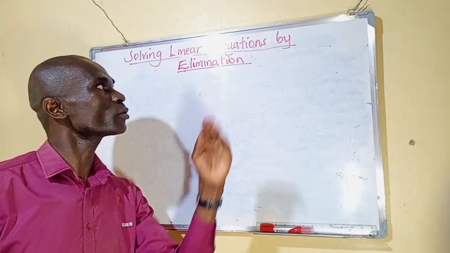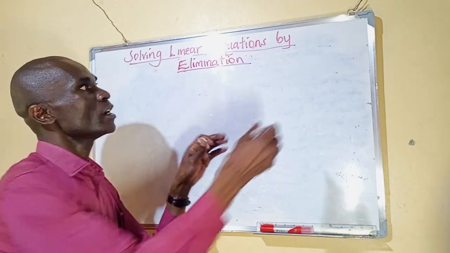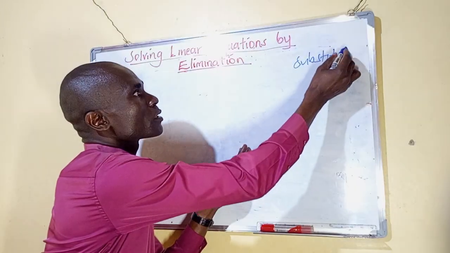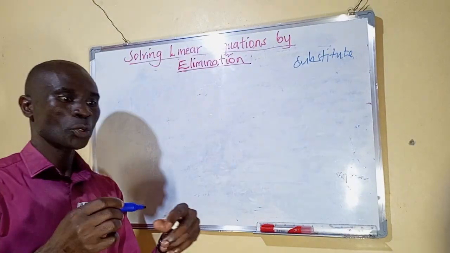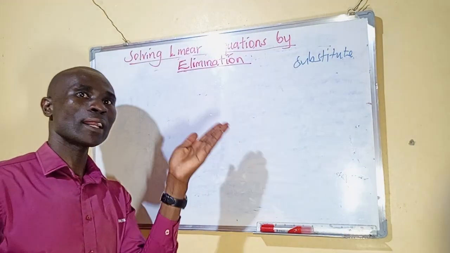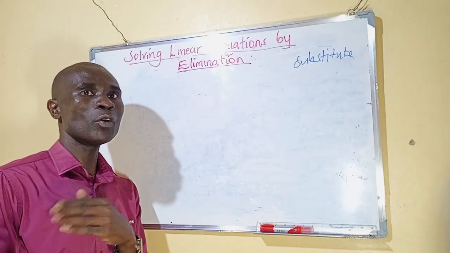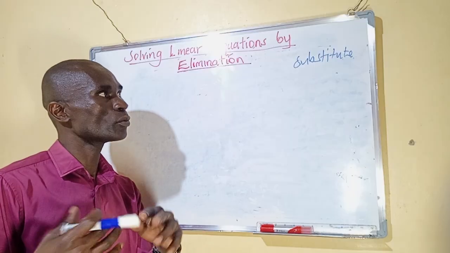So, back again to it, we want to say that we can now solve linear equations by elimination. Remember, we talked about substitution, whereby to substitute is simply to get one unknown in another unknown. So we simply remove one unknown and replace it with another one.